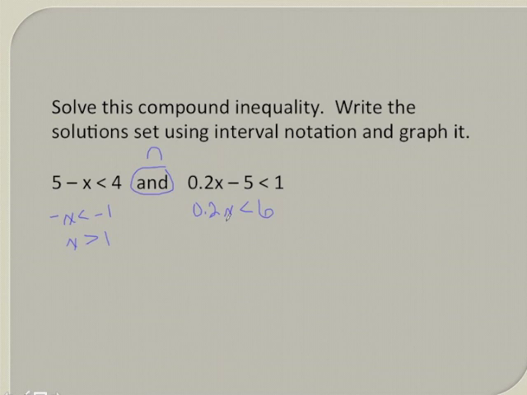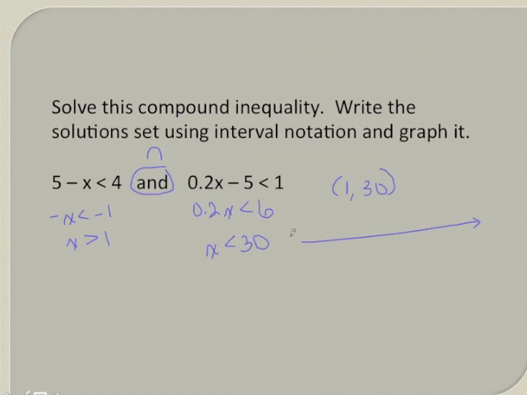When we divide by 2/10, which would be 1/5, we'll find out that x is less than 30. Now we need the overlap from being x greater than 1, x less than 30. In interval notation, that would be from 1 to 30.